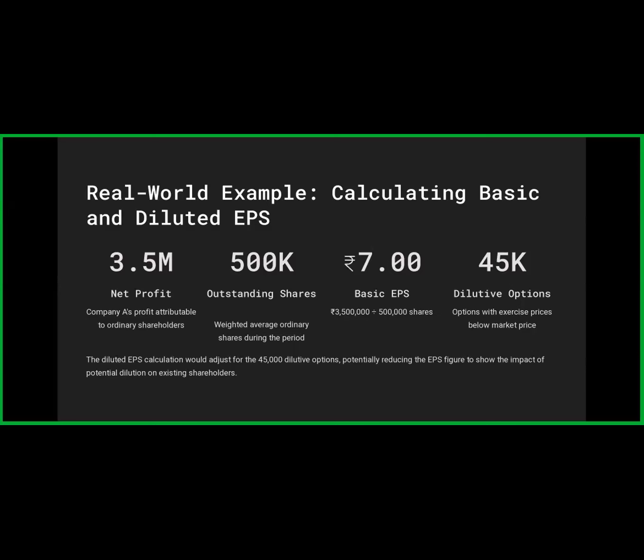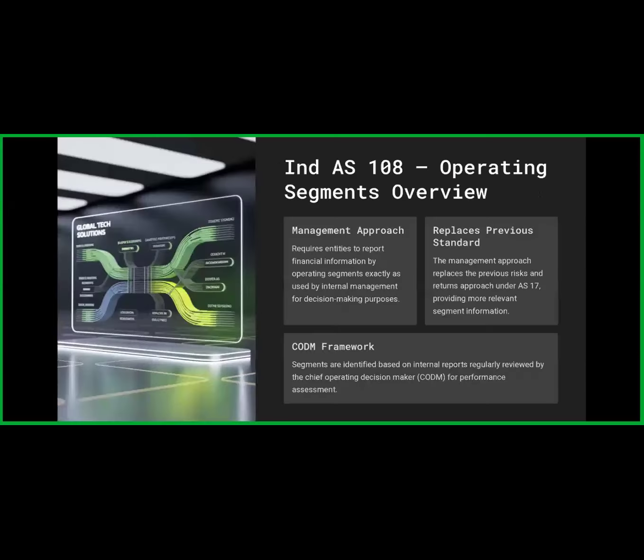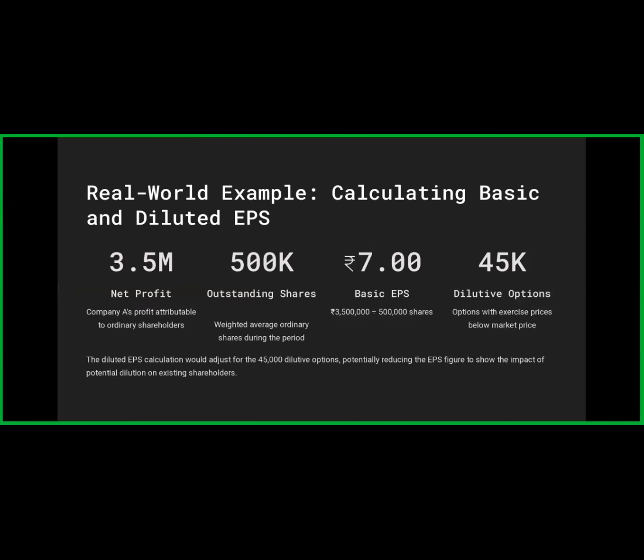So what the Indian Accounting Standard 33 tells us is that all these things should be clearly mentioned in the financial statements. That is the basic EPS, diluted EPS, and how many financial securities converted into equity shares. Okay, what is the basic EPS, what is the diluted EPS?